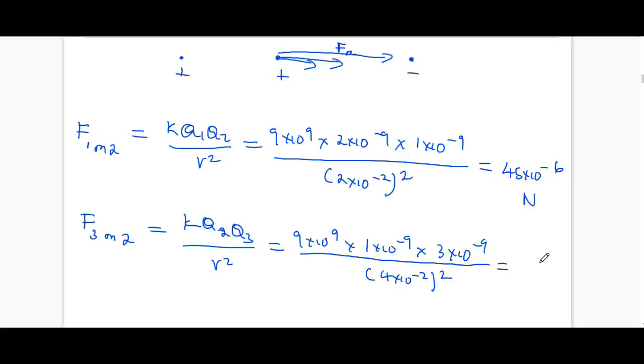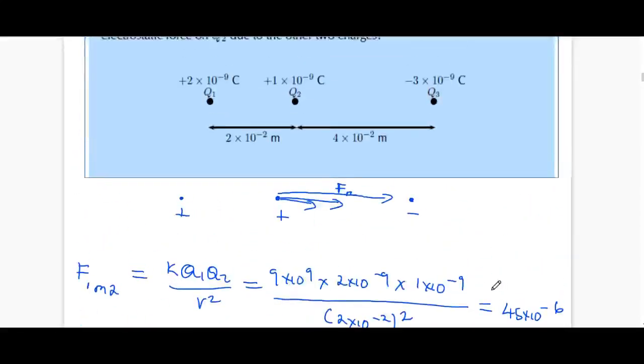I am getting 16.88 times 10 to the power minus 6 newtons.